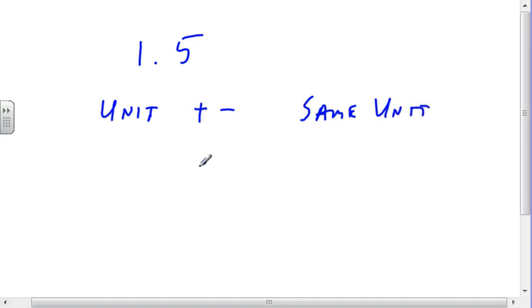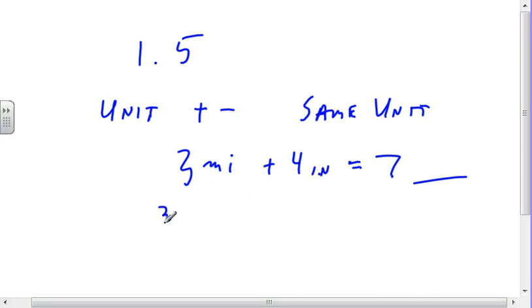So if I have 3 miles and I'm going to add 4 inches, I can't say that that is going to be 7 something. I have to change the miles to inches or the inches to miles before I add them together.